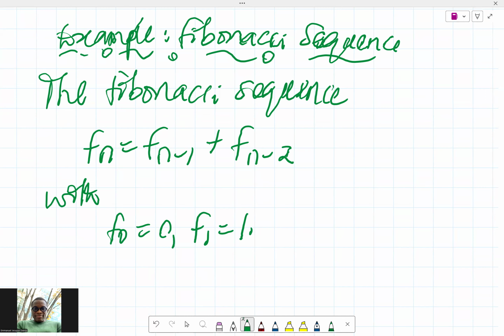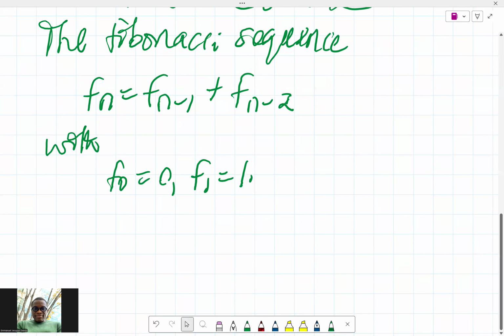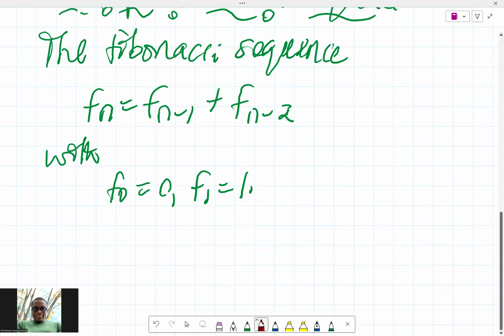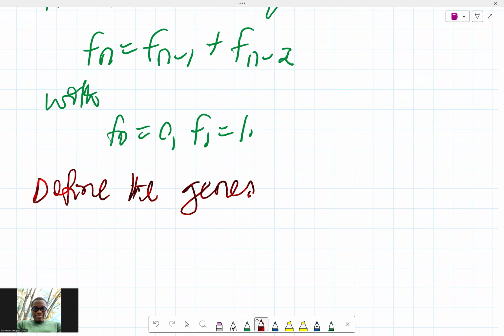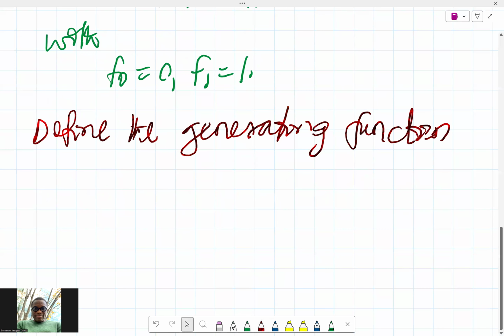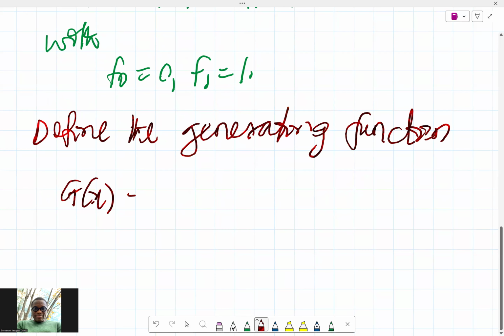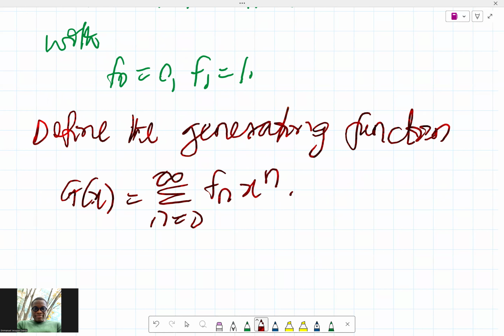All right. So we can now define the generating function for this. It is given as g of x equals summation from n equals 0 to infinity of Fn x raised to power n, first of all.